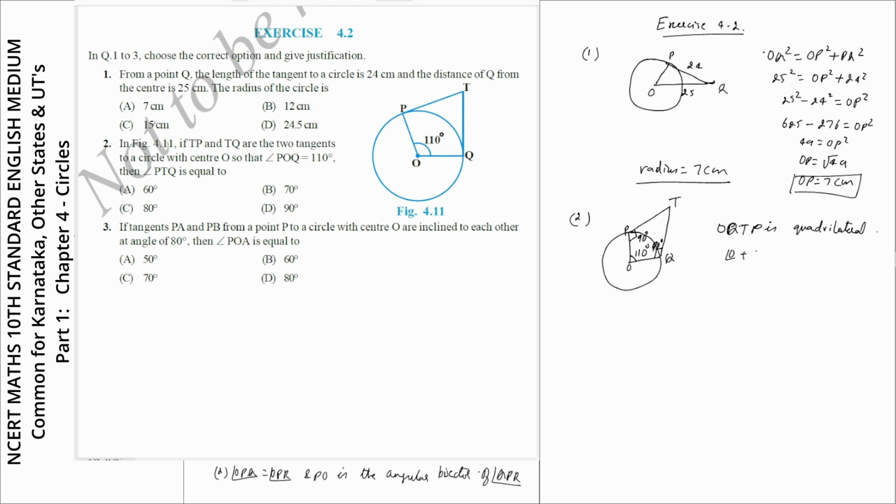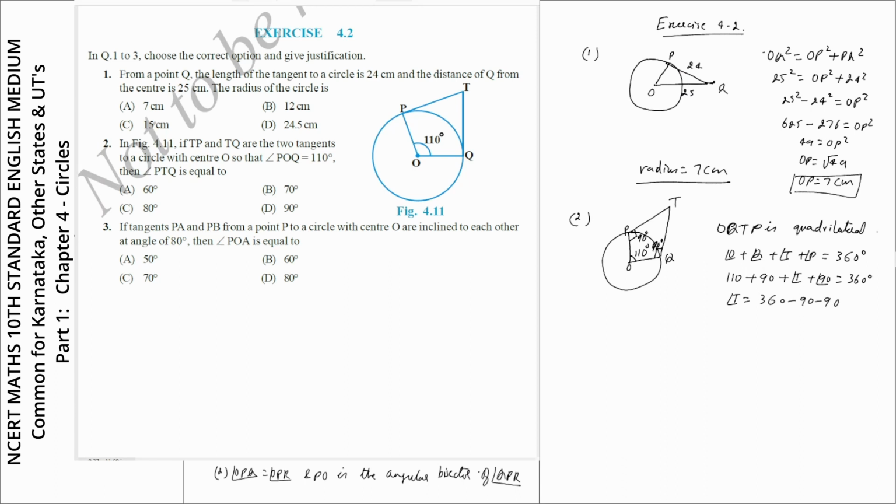Angle O plus angle Q plus angle T plus angle P is equal to 360 degrees. Therefore, angle O is 110 given, plus Q is 90 degrees, plus angle T which we don't know, plus P is 90 degrees, is equal to 360 degrees. So angle T will be equal to 360 minus 90 minus 90.